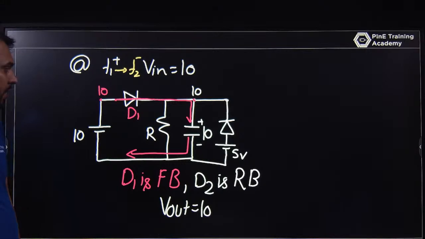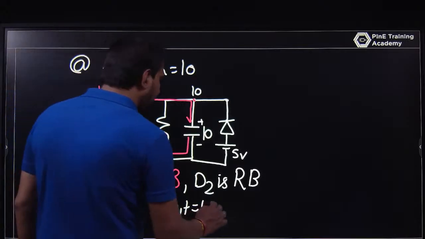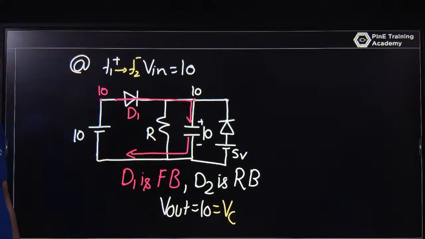There is no change in the circuit from T1 plus to T2 minus. V out will be 10 volt, or I can say VC, the capacitor voltage, is also 10 volt, and the direction is the same because the current flows from left to right, higher potential to lower potential. D2 remains reverse biased and D1 is forward biased from T1 plus to T2 minus.